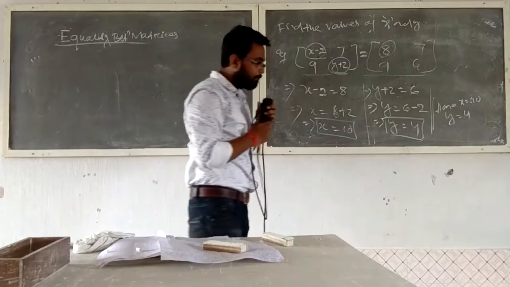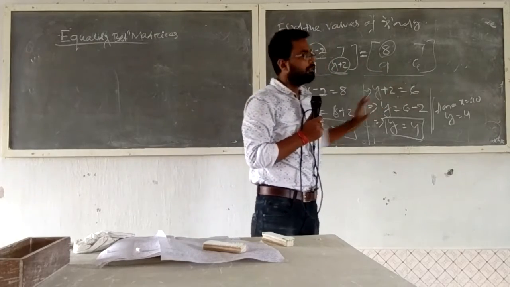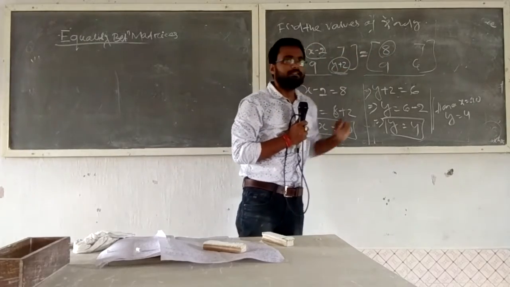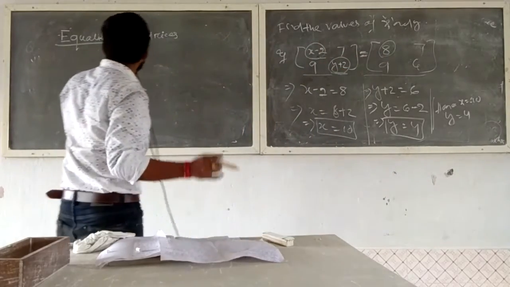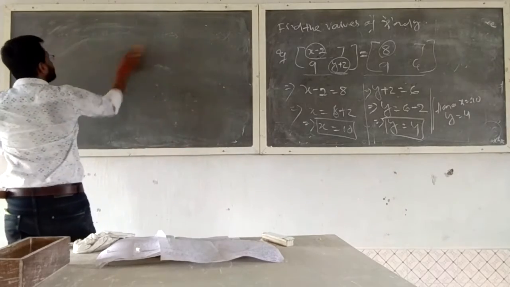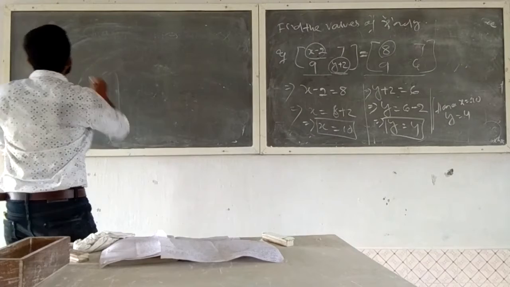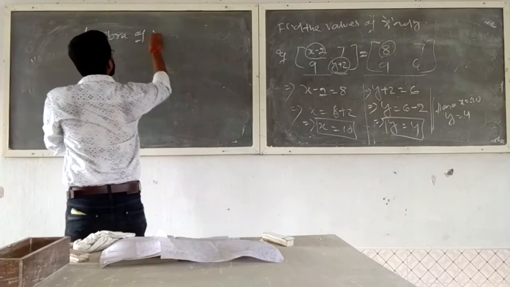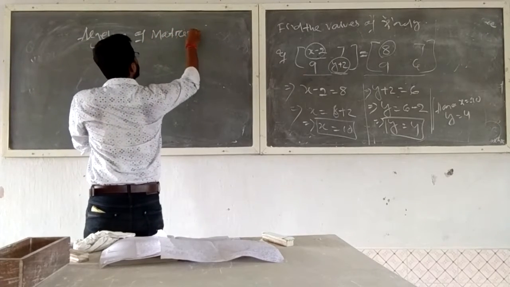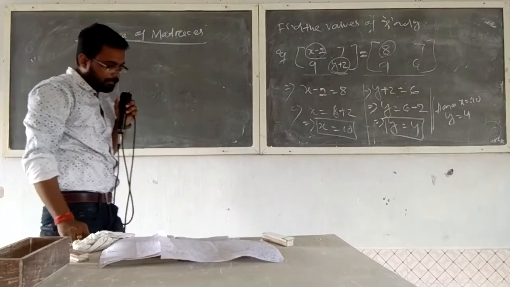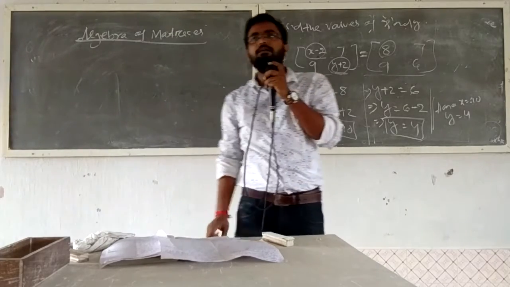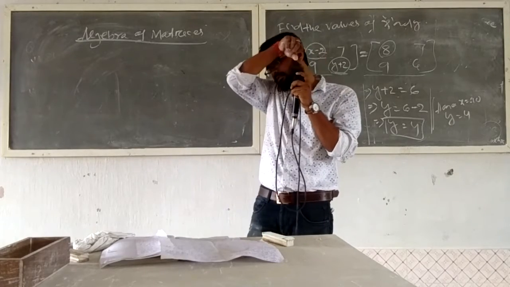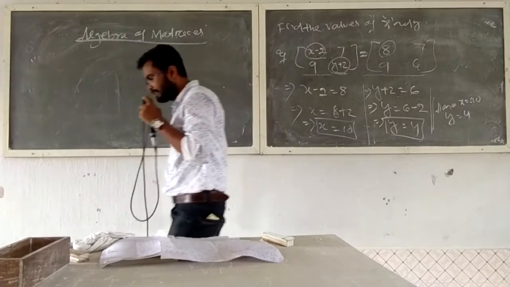In this way, we can find the values of x and y for the equality condition of two matrices. Now we can study the algebra of matrices. Algebra of matrices means we can add, subtract and multiply matrices.